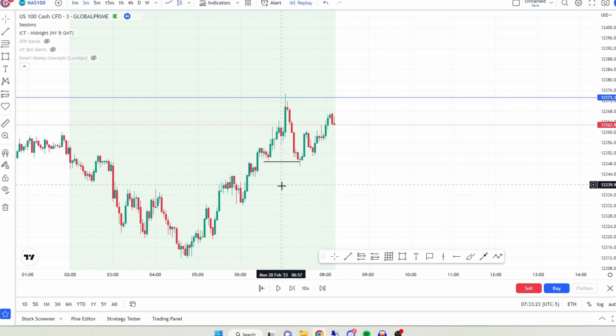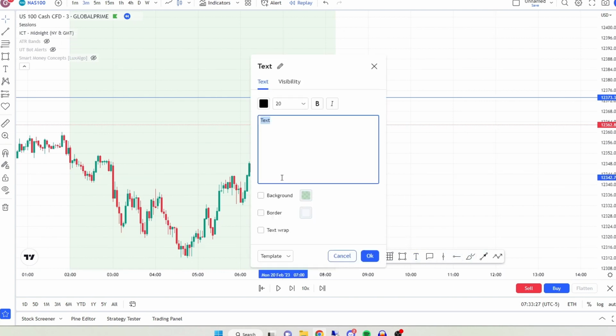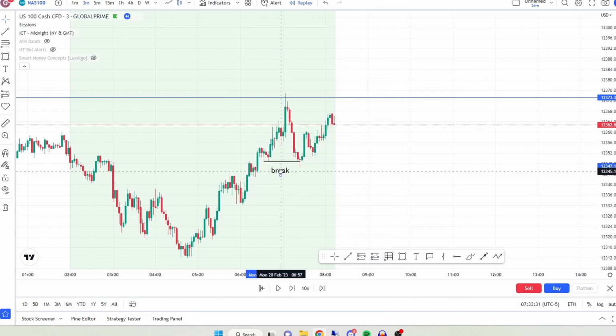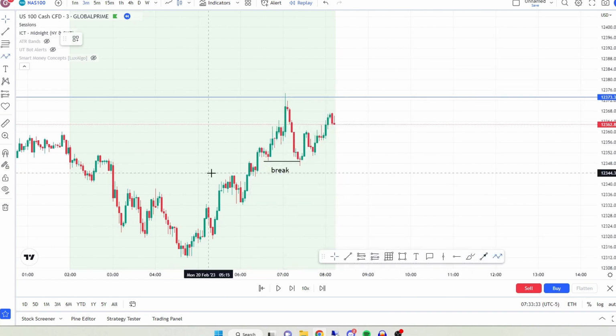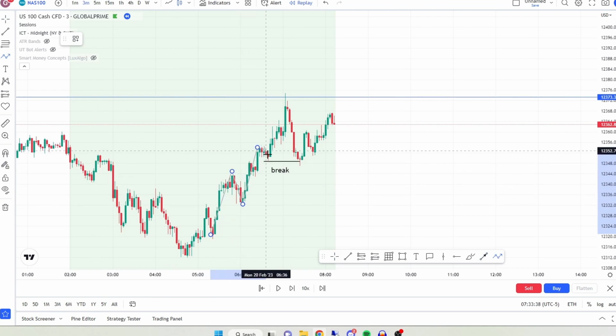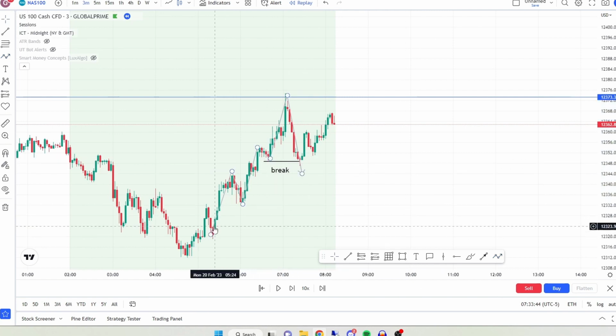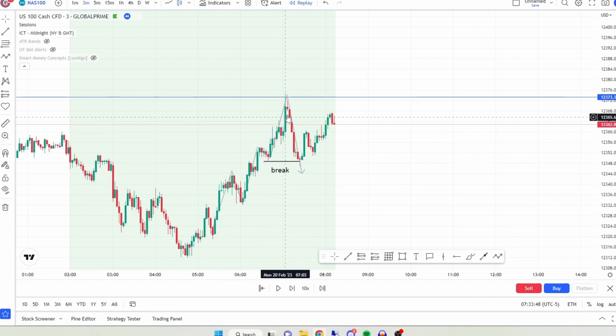Now, once it broke structure, so we've now got a break of structure. How do we define that break? It's important to know this. Price moves up, down, up, and then breaks this higher low. So we've got higher low, higher high, higher low, higher high, higher low, higher high.